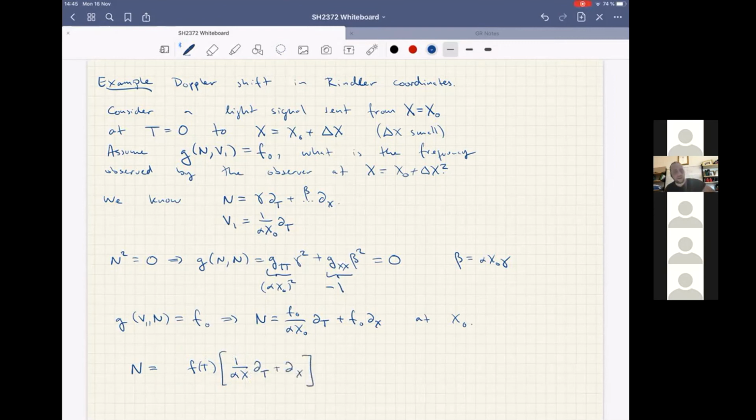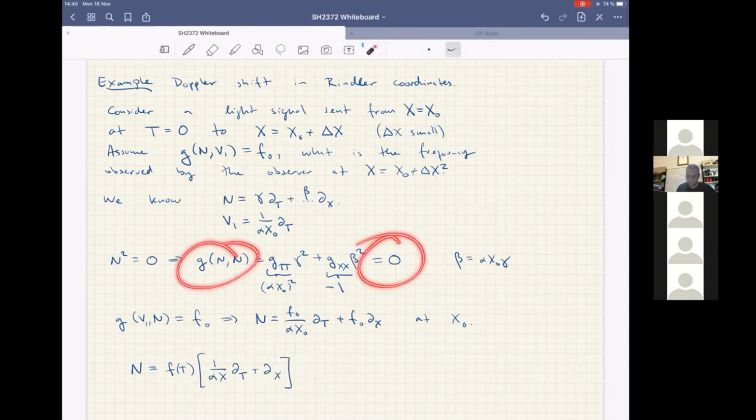So the only thing I have done now is that I have required that this 4 frequency be light-like. So it's essentially this requirement applied to any point. And then I have just chosen the functions along this world line such that I can get this f of t out.